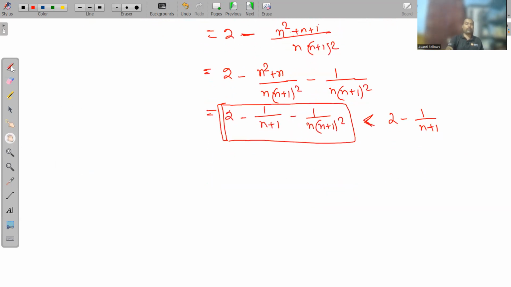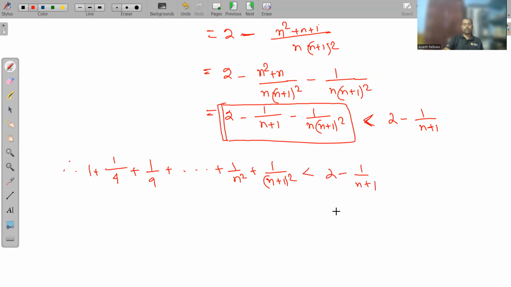So I am getting here P of n plus 1, that is the statement becomes now 1 plus 1 by 4 plus 1 by 9 and so on up to 1 by n square plus 1 by n plus 1 whole square, which is less than 2 minus 1 by n plus 1, right?